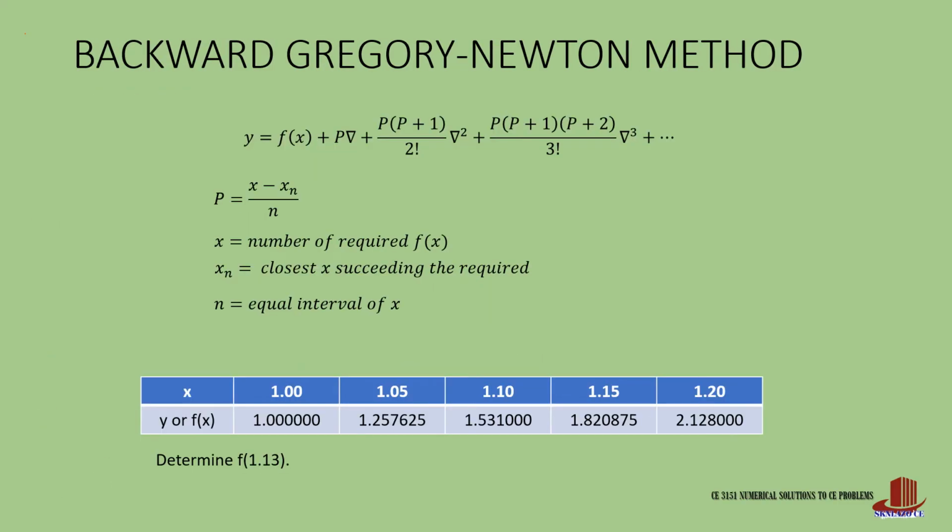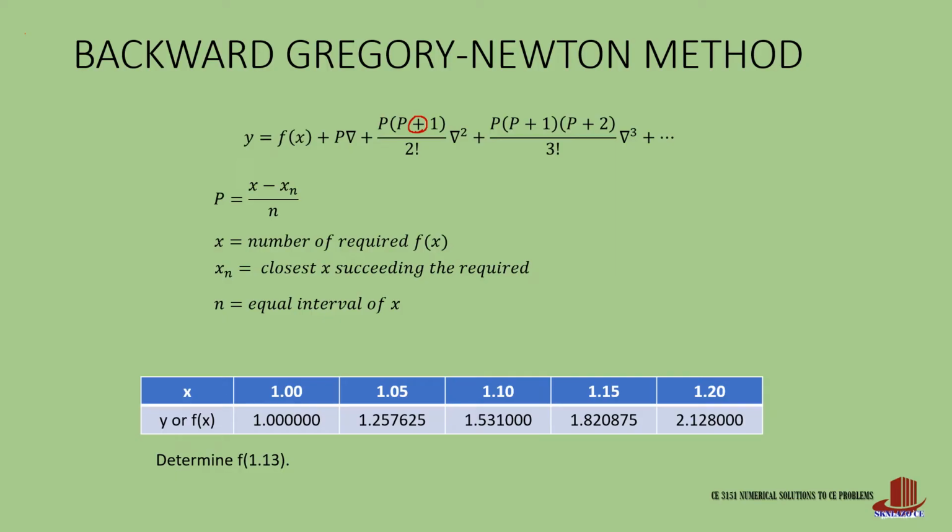Let's proceed to backward Gregory-Newton method. This method would of course have its own parameters and general formula, where the only difference from forward Gregory-Newton method is, in this case, we are going to add our values instead of having them reduced or minus.